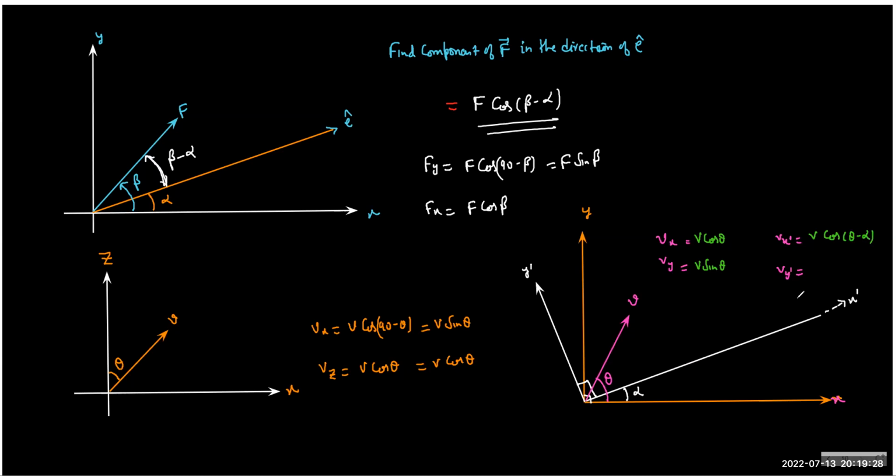And what is Vy dash? V sin theta minus alpha. Absolutely correct. Do you realize the meaning of the cos value? Why I'm saying remember only one thing? Because you're not only supposed to resolve along the typical horizontal and vertical. You can have any direction, and this idea will be really powerful and helpful.